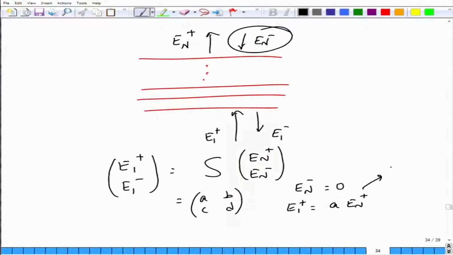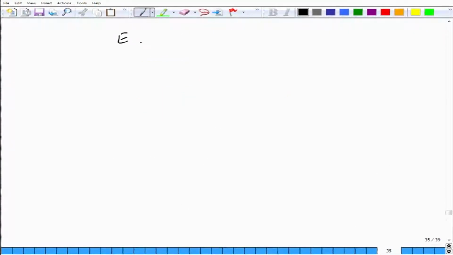This is the final transmitted electric field, this is the incident electric field, and then you have the reflected electric field E1 minus related to C times En plus. Now, if you want to obtain the ratio of En plus by E1 plus, which should tell you the overall transmission coefficient, note that these are amplitude ratios, not power ratios.